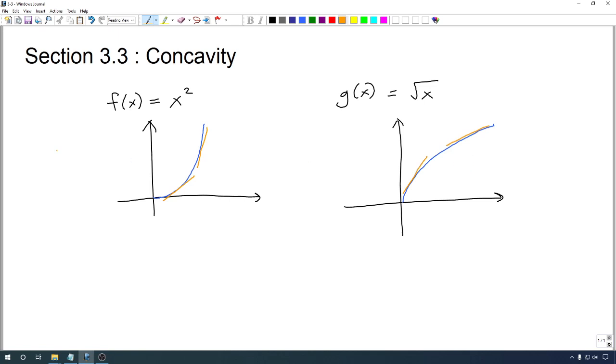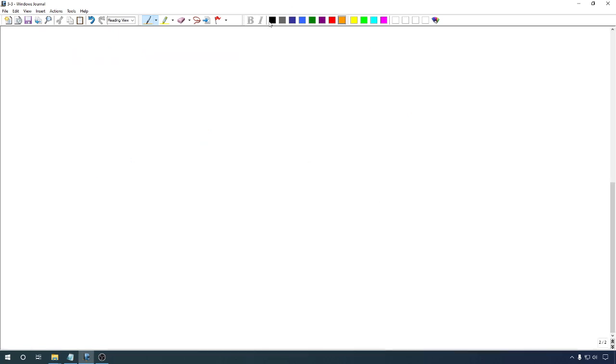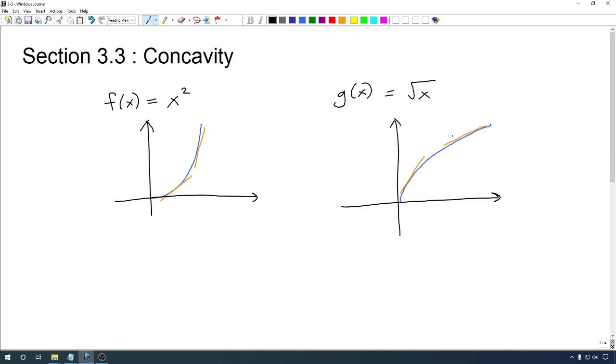We're going to give this idea a name. So let f be differentiable on an interval I. Since we're talking here about derivatives and slopes of tangent lines, we definitely need to be talking about a function that has a derivative.